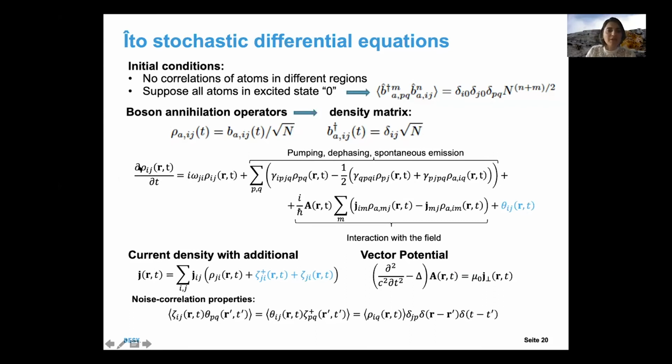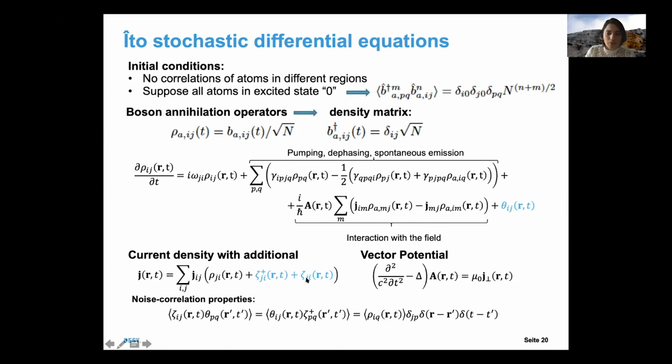So we have here the evolution of the density matrix, given by terms that describe pumping, dephasing, and spontaneous emission. The interaction with the field, here it is the vector potential of the field, features these quantum properties.